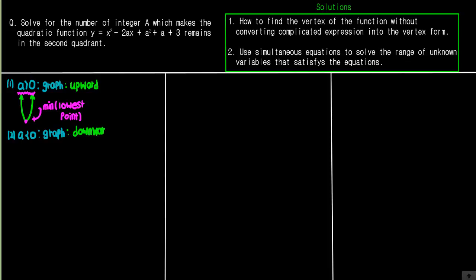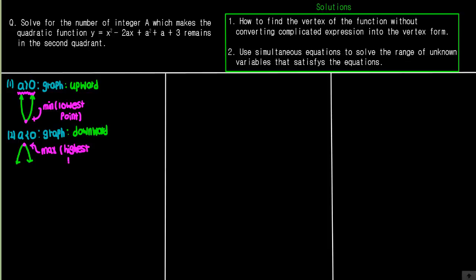When the graph goes downward, it will look something like this, and we usually call it opening downward. It will contain a point which will be its maximum point, which we usually call the highest point of the quadratic function.